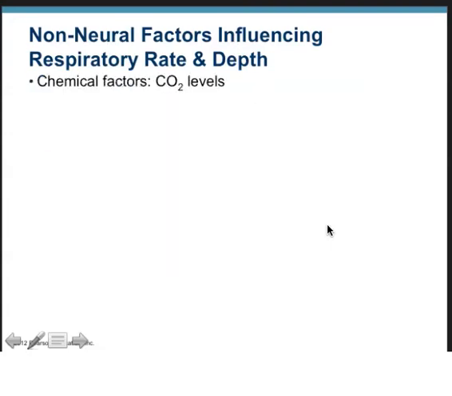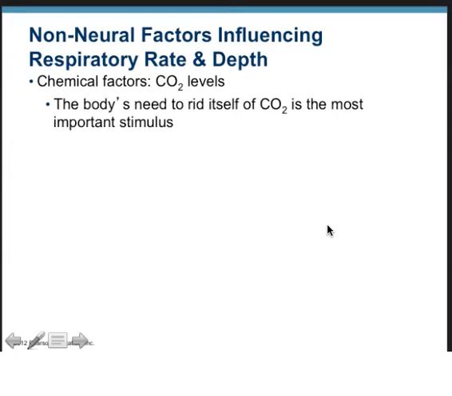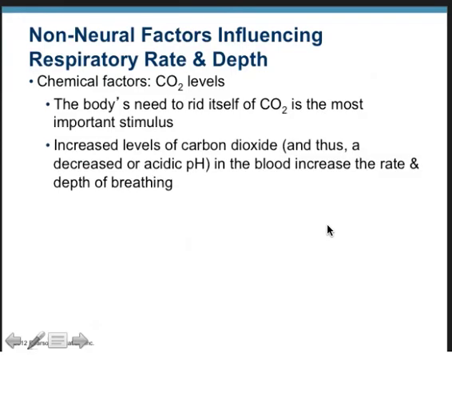Chemical factors also have a major influence over respiratory rate. The body's need to get rid of carbon dioxide is the most important stimulus. As carbon dioxide levels in the blood rise, the respiratory rate goes up, and also as the pH of the tissue fluid and the plasma go down, the respiratory rate goes up. And the reason for this is that carbon dioxide levels have a direct effect on the pH.